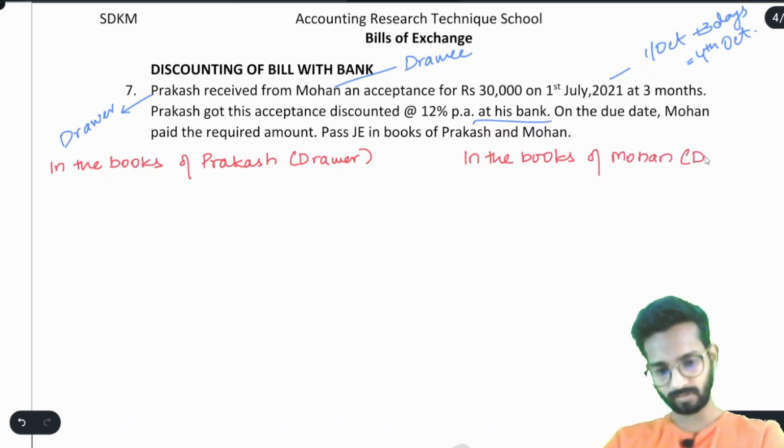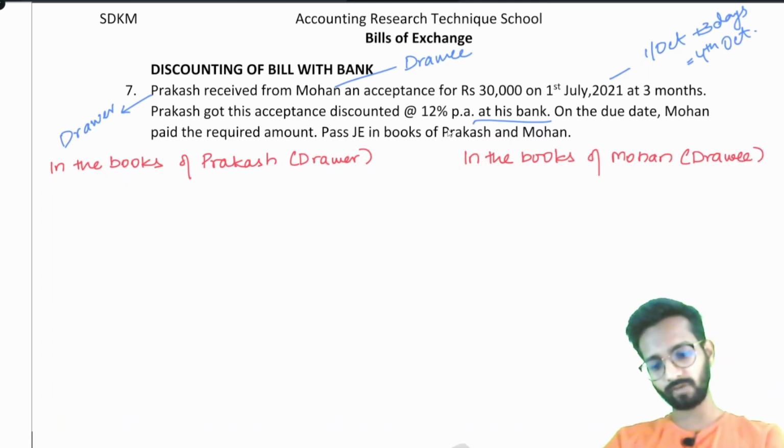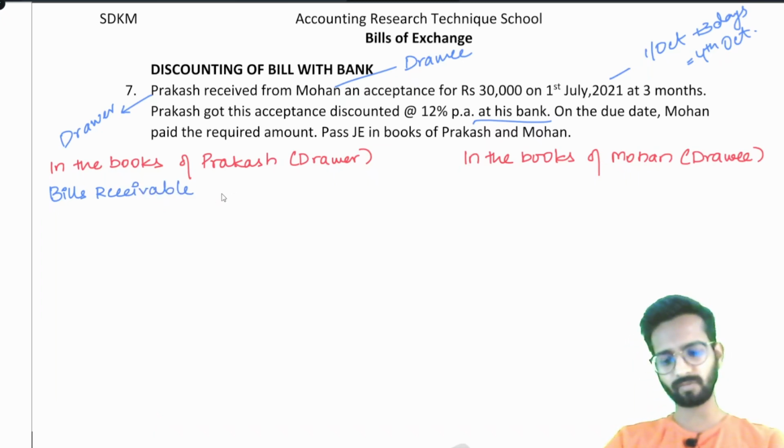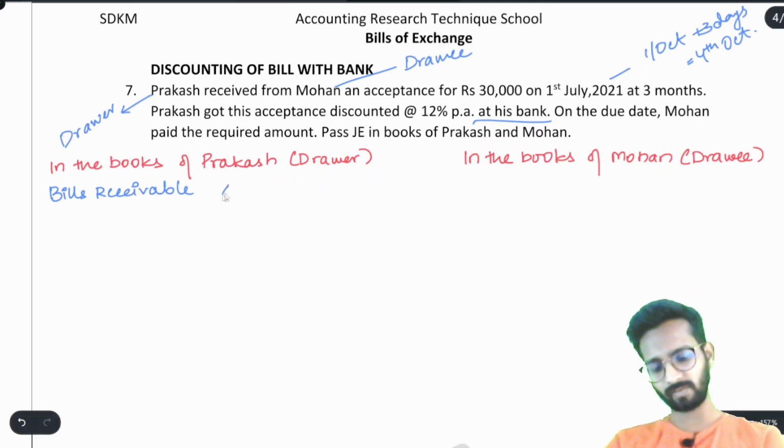Mohan is the drawee. Okay. What will be the first journal entry? Bill of 30,000. So Prakash will write bills receivable. All the journal entries will be the same only. If you solve 4-5 sums now, it will become just mechanical, the same entries again and again.